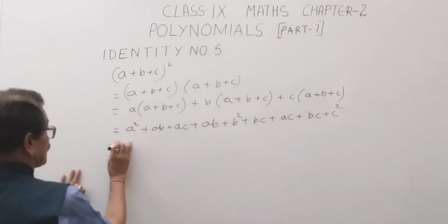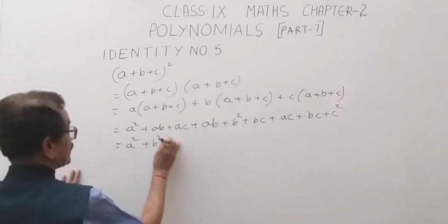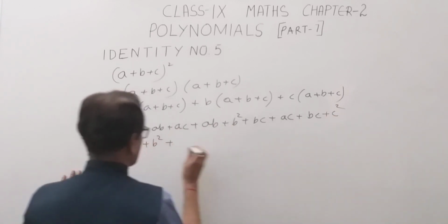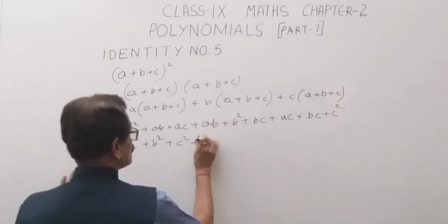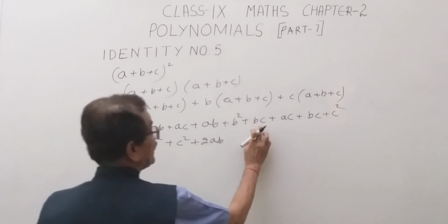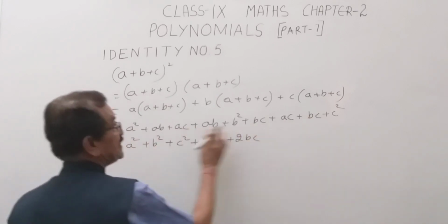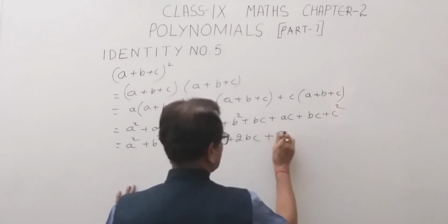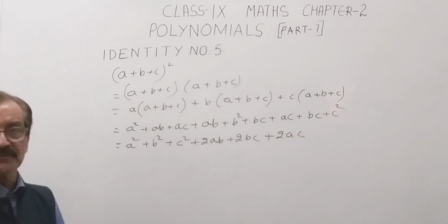To sum it up, we get a square plus b square plus c square, ab plus ab is 2ab, bc plus bc is 2bc, and ac plus ac is 2ac. This is our identity number 5.